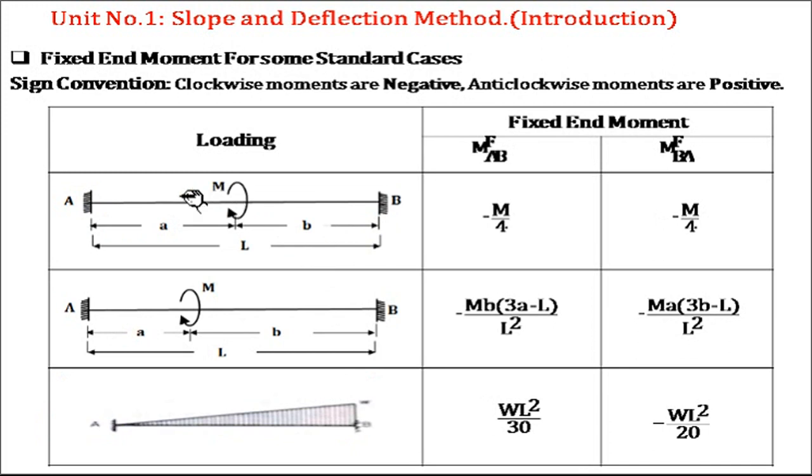So here the fixed beam is subjected to a moment M at the center. Now as the moment is acting in the clockwise direction, due to this, as this will rotate the structure in this way, the reaction will be in the opposite direction.